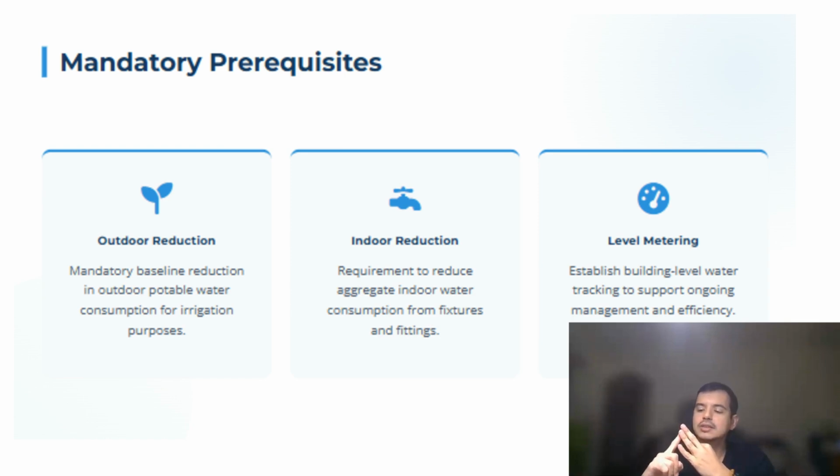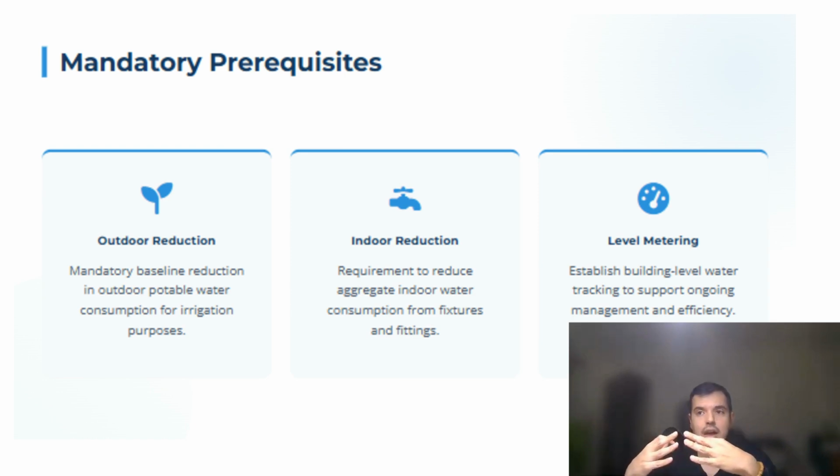And the third one is, I have those two prerequisites, so how do I make sure that I actually accomplished what I'm saying I accomplished? It's by installing meters all over my building regarding water consumption. So all three that I just said are prerequisites.